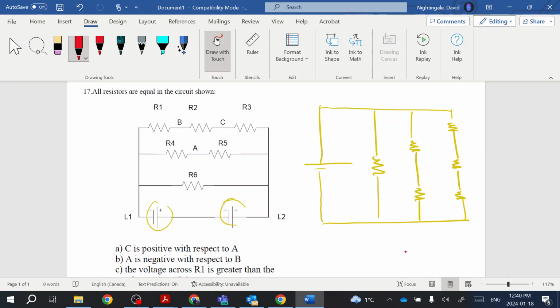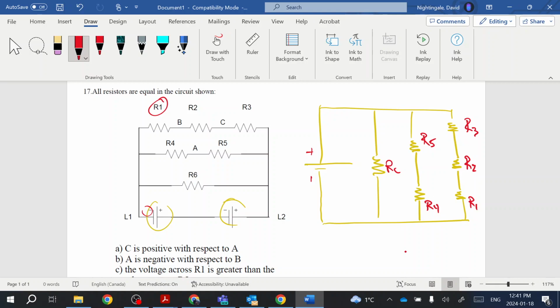Now we're going to add in our reference points here. Notice that R1 is closest to the negative, so I just want to make sure I get that right. This would be R1, R2, R3, R4, R5, and R6.